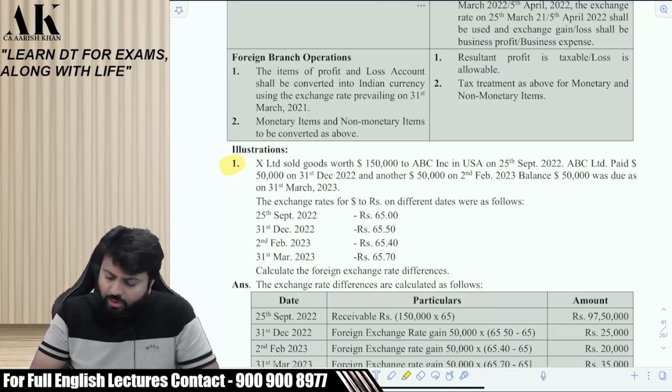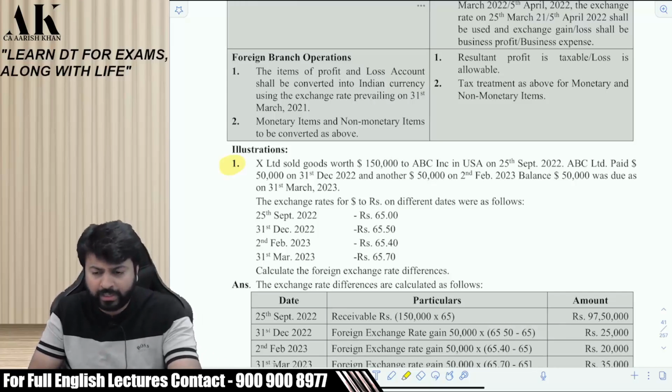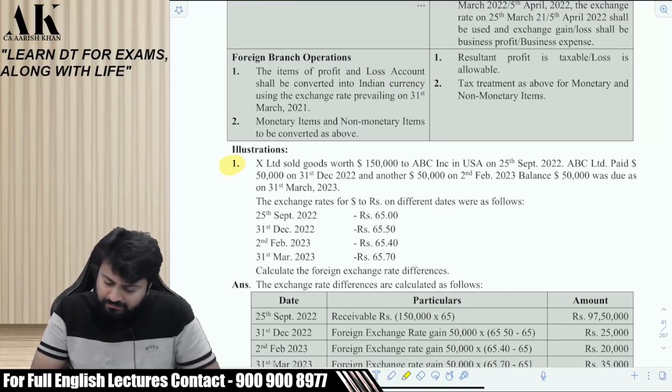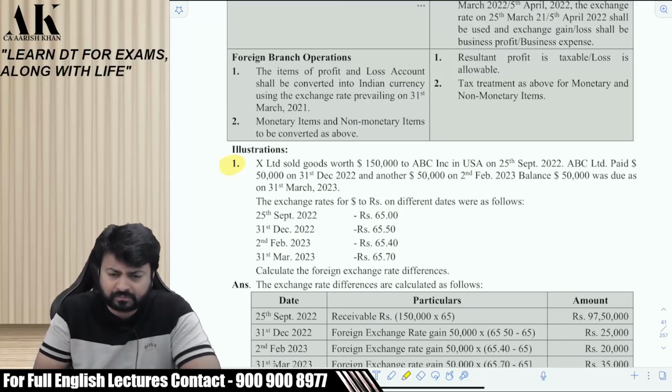First, X Limited sold goods worth rupees 1,50,000 to ABC Inc. in USA on 25th September 2022. ABC paid $50,000 on 31st December and another $50,000 on 2nd Feb, and the balance $50,000 was due on 31st March. It's a very simple accounting question.